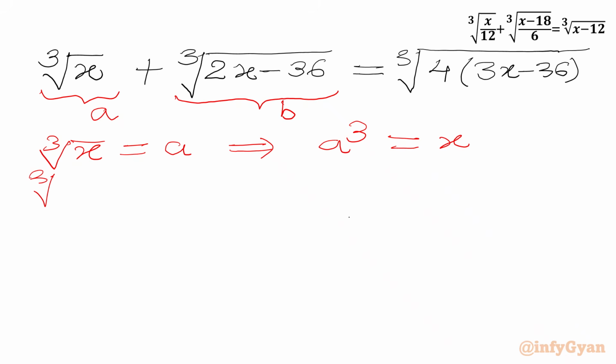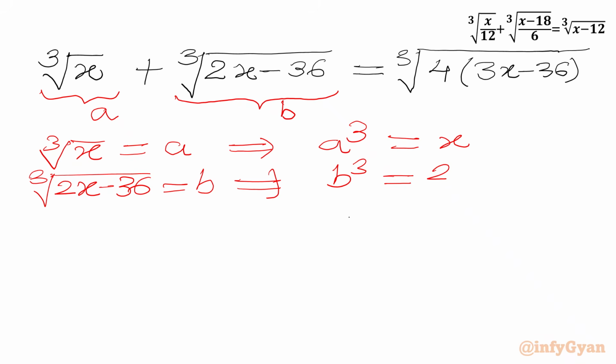Similarly, cube root of 2x minus 36, if this is equal to b, after cubing both sides we will get b cube equal to 2x minus 36.